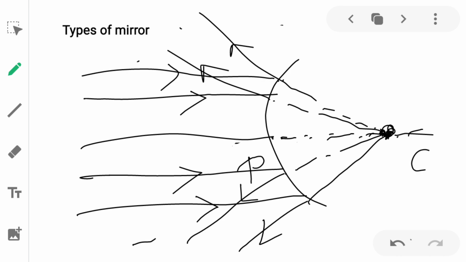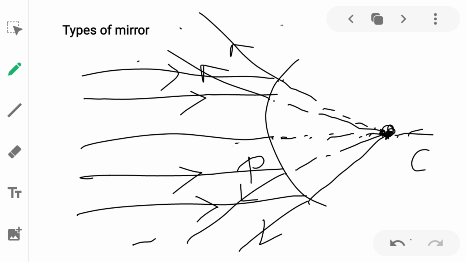Actually, they are not diverging from any common point, but their direction of reflection is such that they appear as if they are diverging from a common point. Apparent means which looks like, but actually it will not be there. So it is an apparent point from which they appear to diverge.